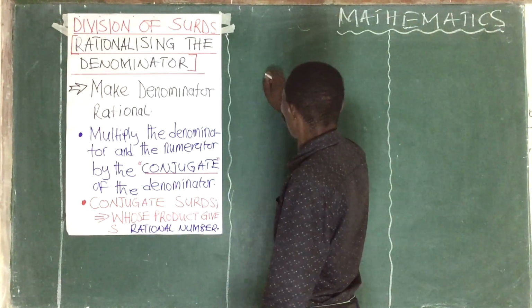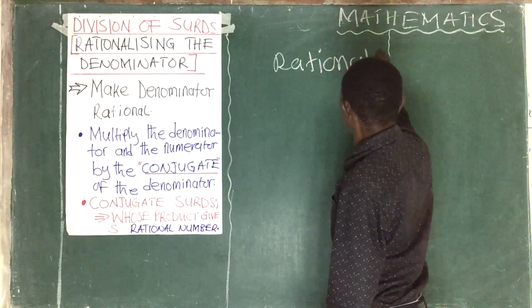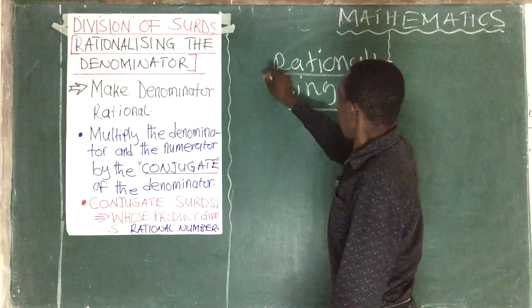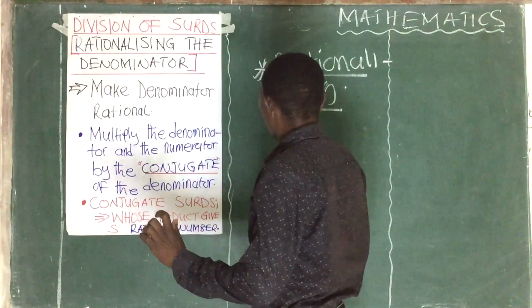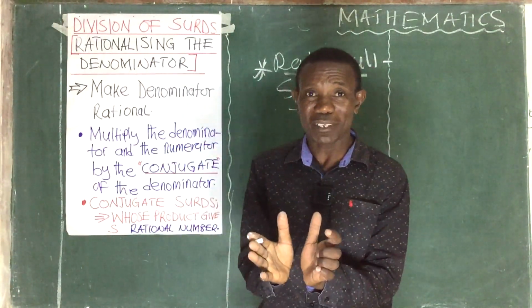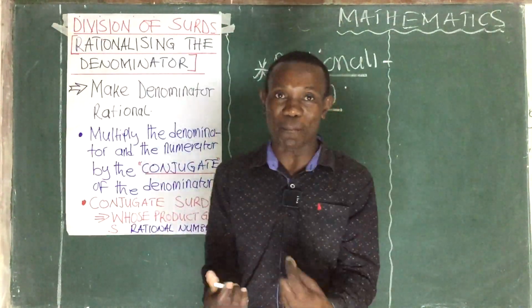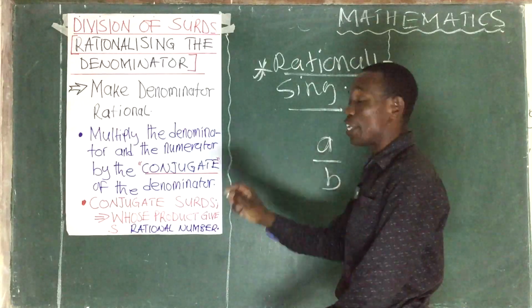The word rationalization comes from the word rational. In mathematics, we talk of rational numbers, a group of numbers in the form of a over b.